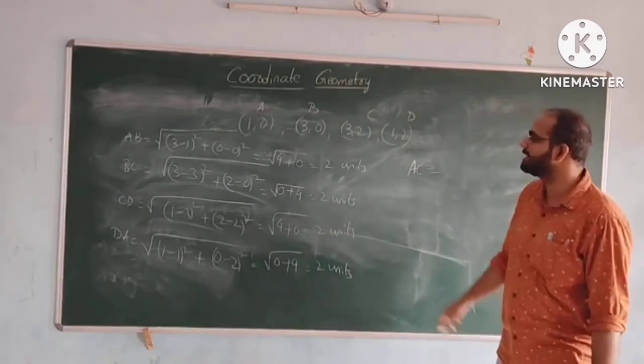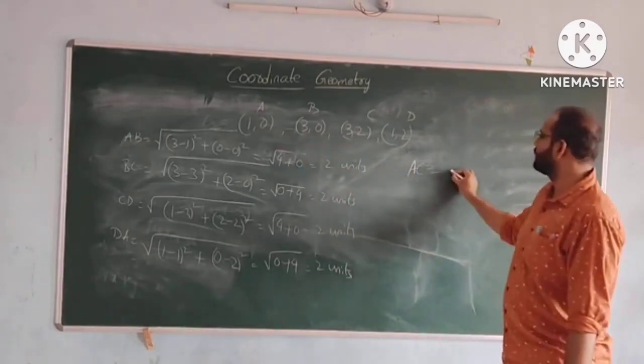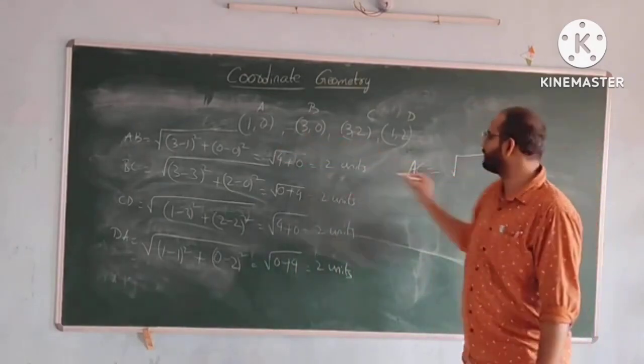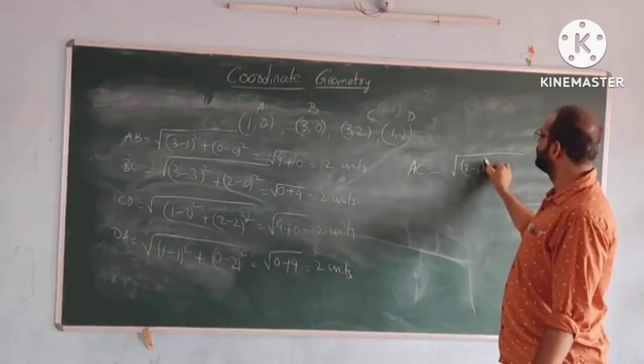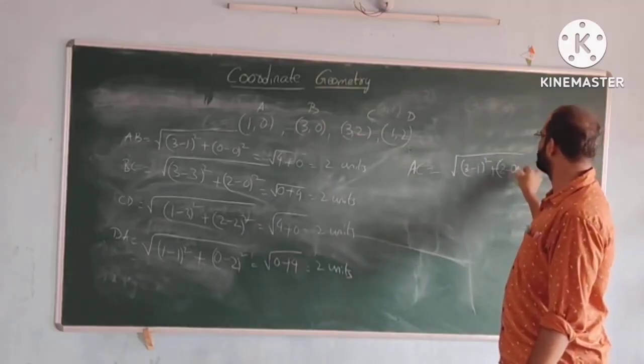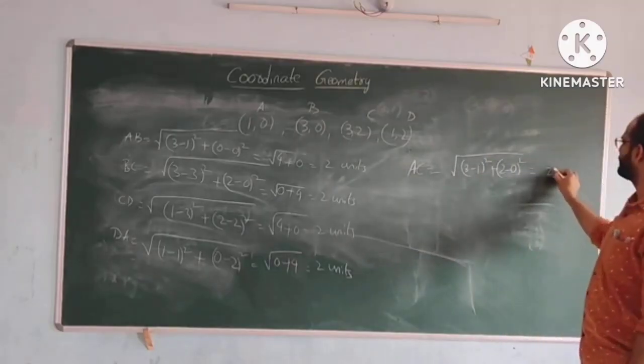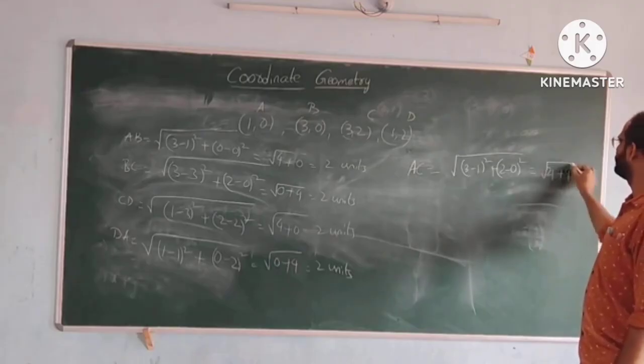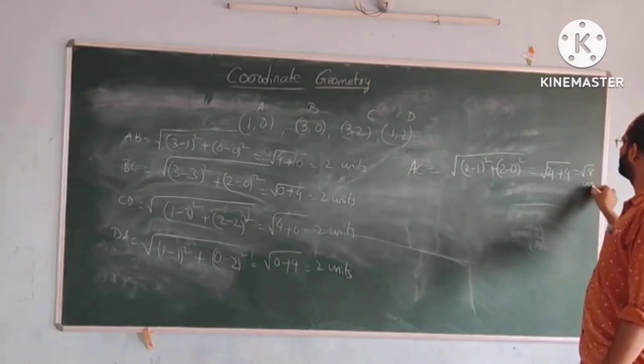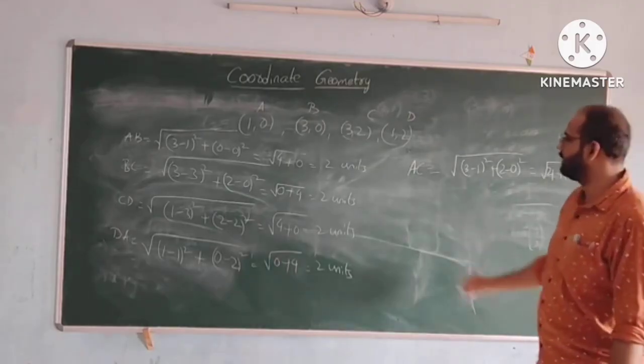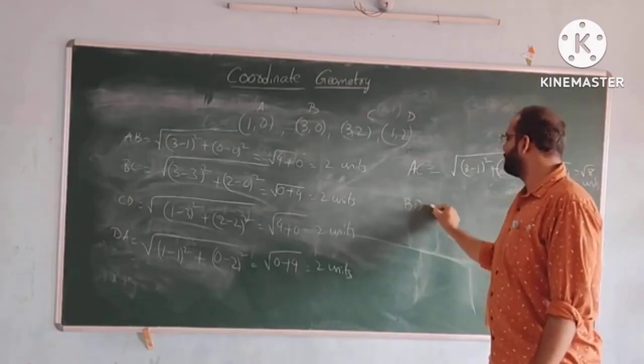Let us find the diagonal length AC. Root over 3 minus 1 square plus 2 minus 0 square. So it is 2 square 4 plus 2 square 4, so it is root 8 units. Similarly, we want to find the length BD.